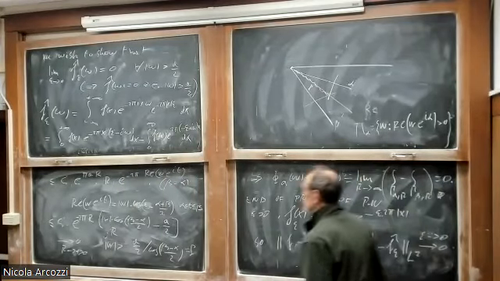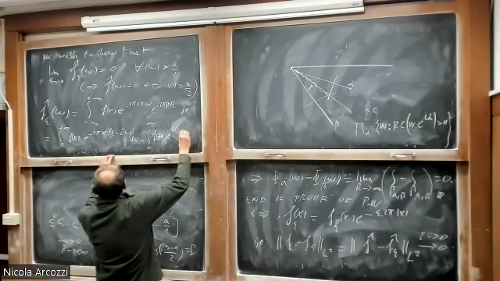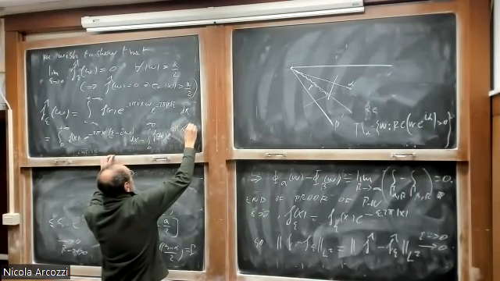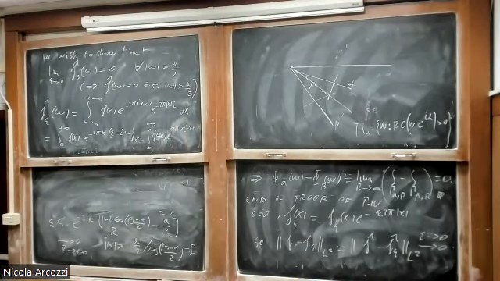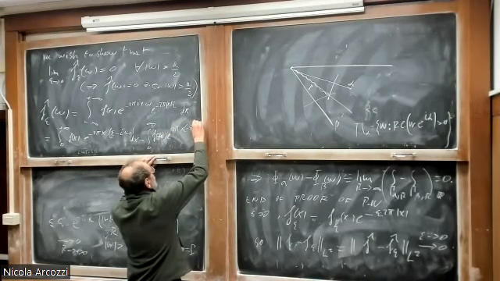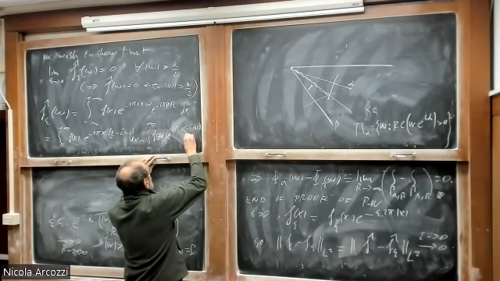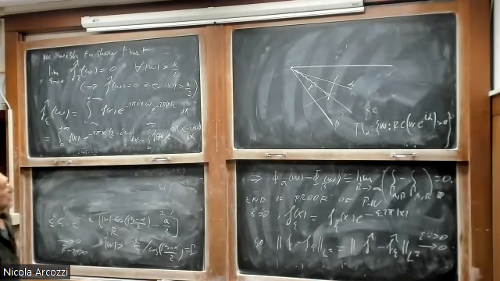So this is 2π x plus i omega. What is that?